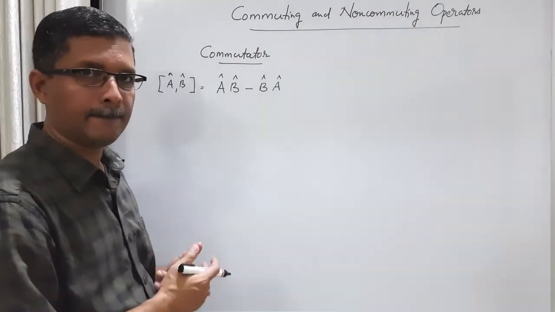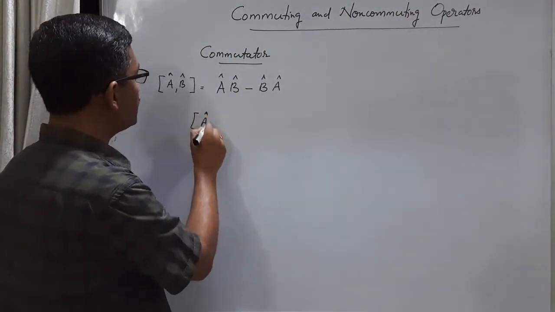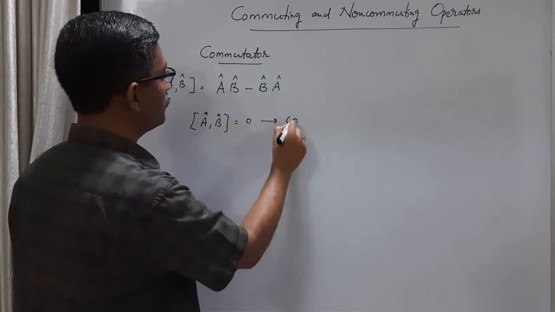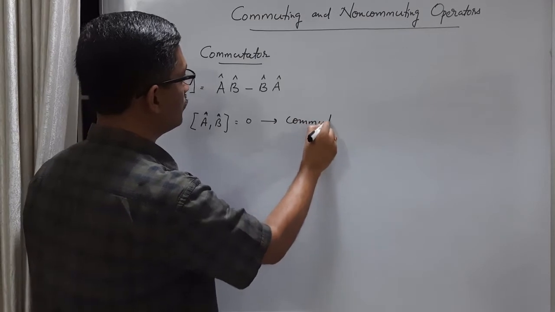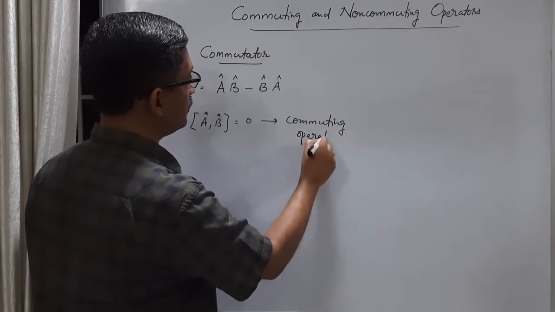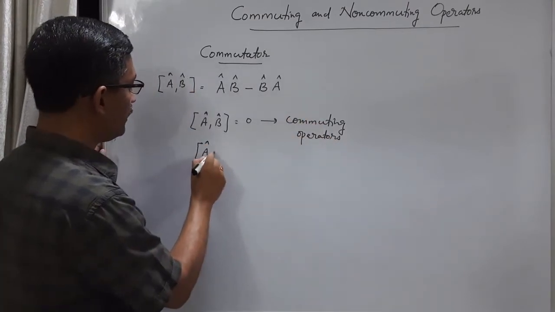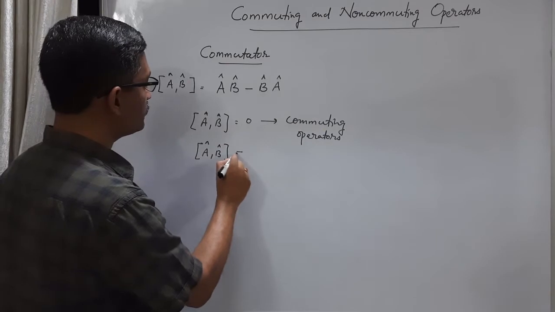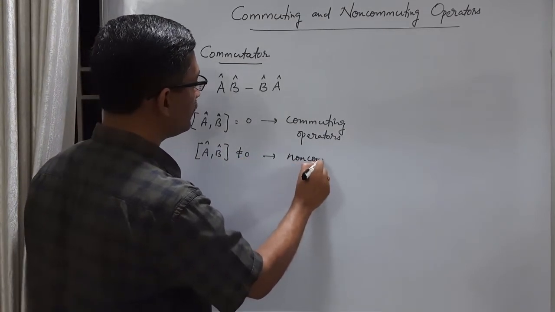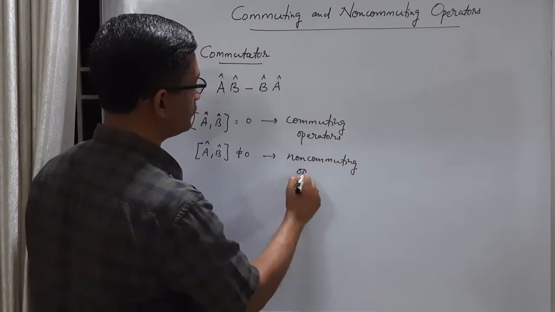So for commuting operators, we can say the commutator [A, B] is equal to 0, and the commutator [A, B] is non-zero for non-commuting operators.